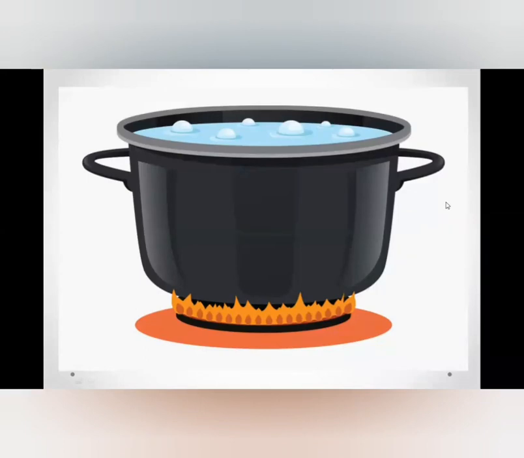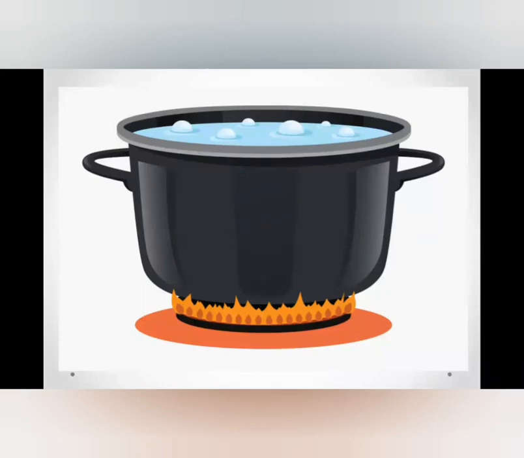Look at this picture. Here we see that a bowl of water is kept for boiling. Now, from this example, we are going to understand temperature. Let's start.